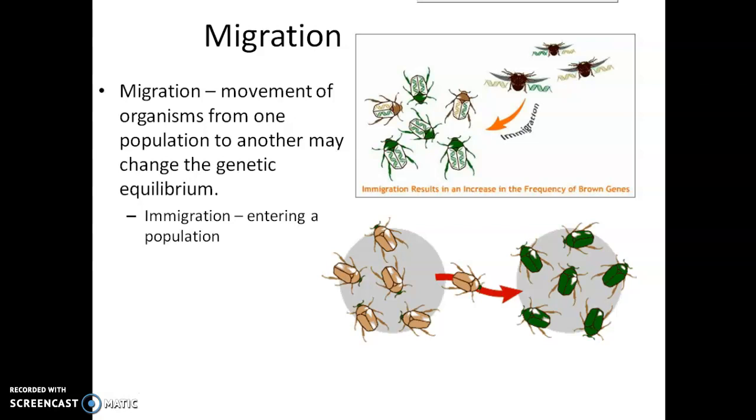So all of a sudden, that gene pool gets larger because you have an organism immigrating into it. As opposed to the population that left: when that individual emigrated, with an E, exited, out of that population, it is now losing that particular set of alleles or set of genes.